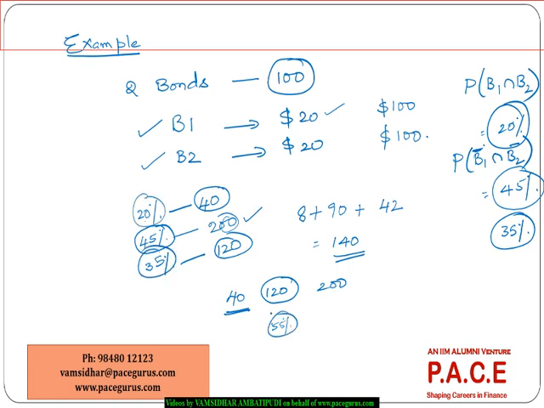So 120 is that particular number that will divide the whole data into two halves. So 50% of the data will be less than or equal to 120, and 50% of the data will be greater than or equal to 120. So 120 will become my median for this example. That's how we compute the mean, median, and mode for a discrete random variable.